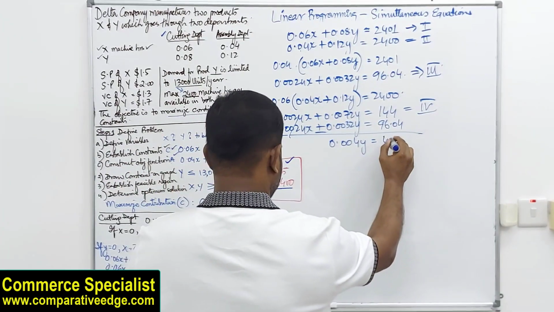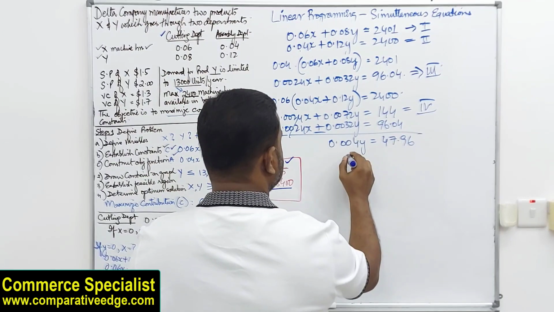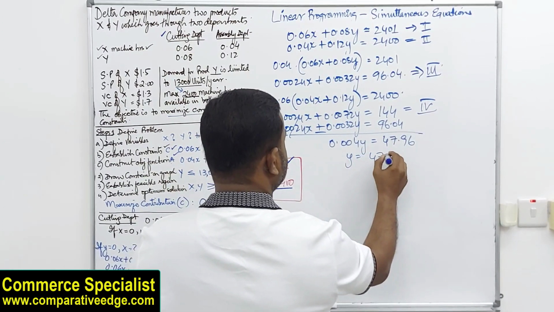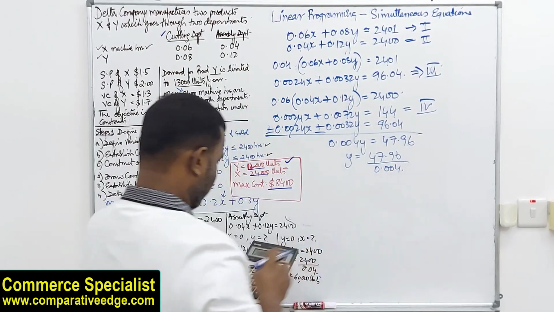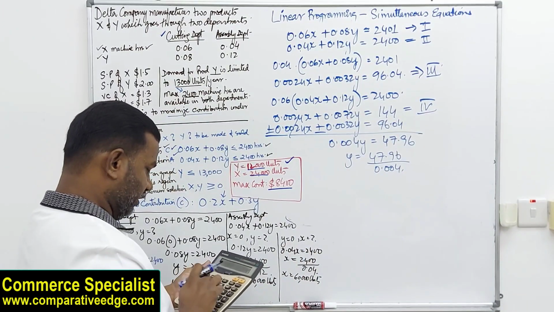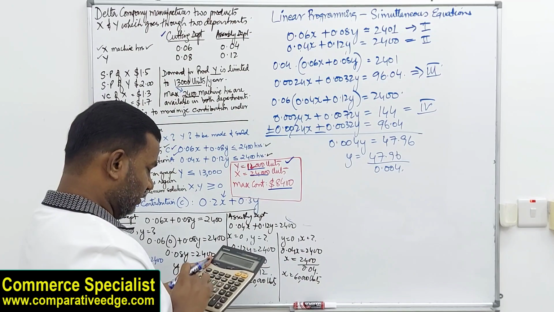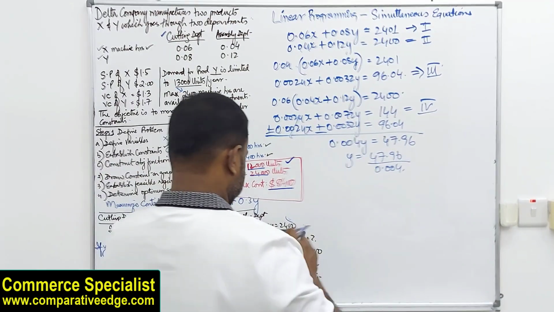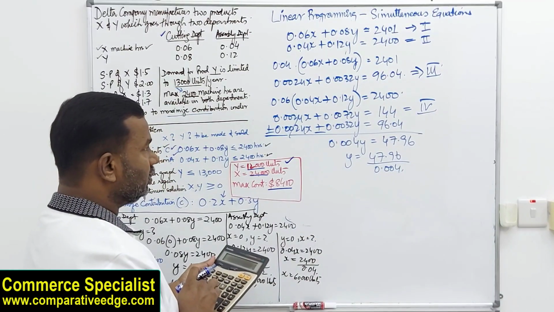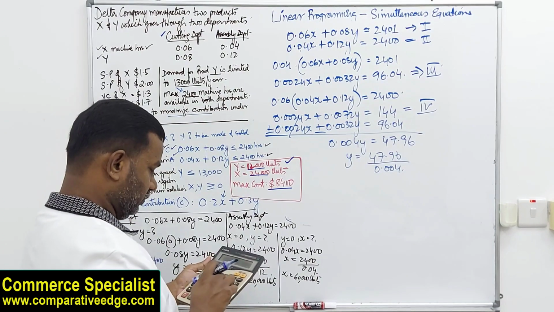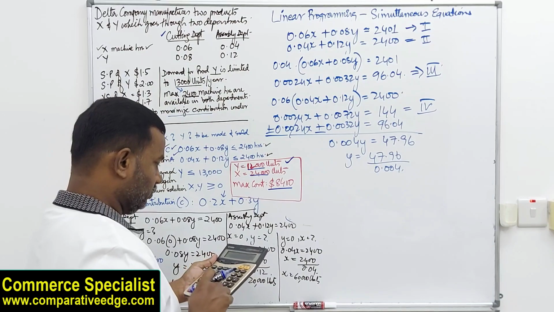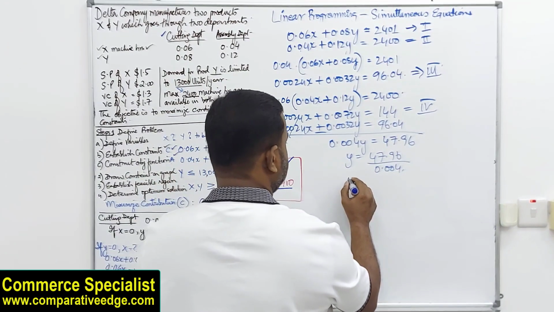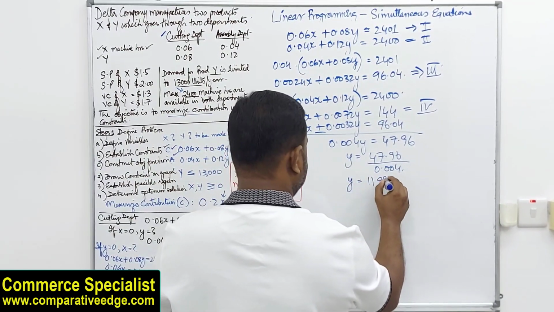This will give me 47.96, and y will be 47.96 divided by 0.004. So 47.96 divided by 0.004, you will get y is equal to 11,990.